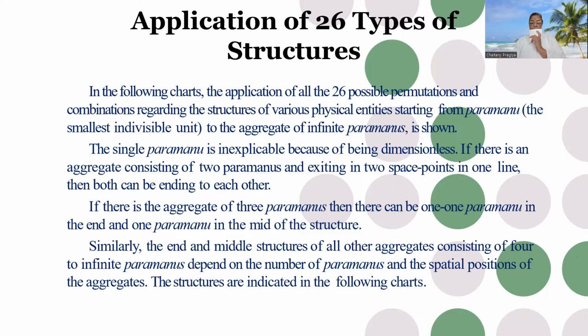So we would see that if the object is consisting of 4 atoms or 5 atoms or 6 atoms or an infinite number of atoms, there can be so many atoms which can be said as the ending, and so many atoms which can be said as the middle part of that structure. So it depends on the position in the space also, and also the structure of those objects.